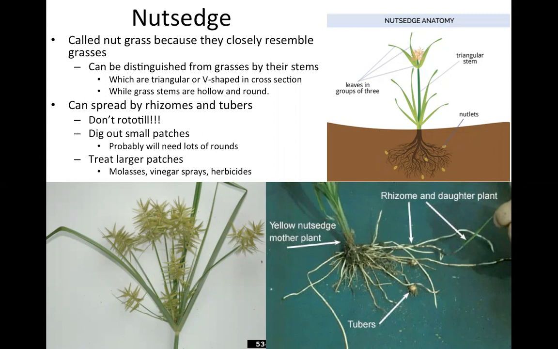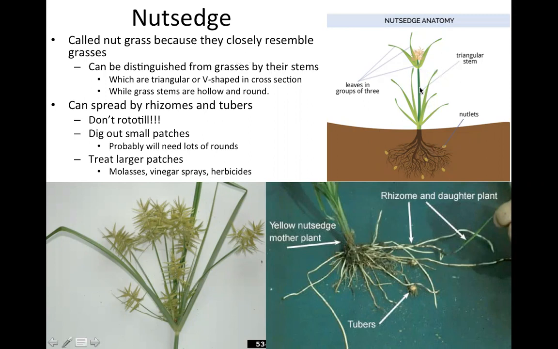If you have nutsedge, you definitely don't want to rototill, because when you chop it up, you're just spreading it all over, making hundreds of little baby nutsedges that are going to spread like crazy. So if you have nutsedge, don't rototill. Just broadfork until you can get the nutsedge under control. It looks kind of like a grass.